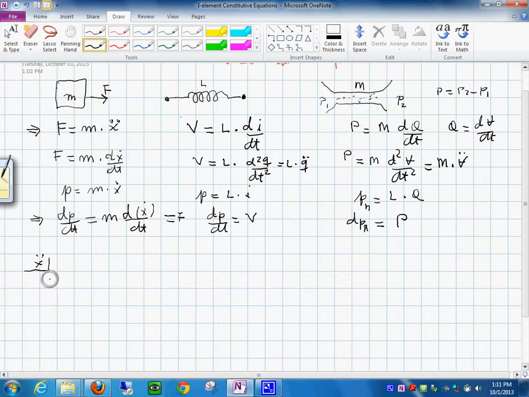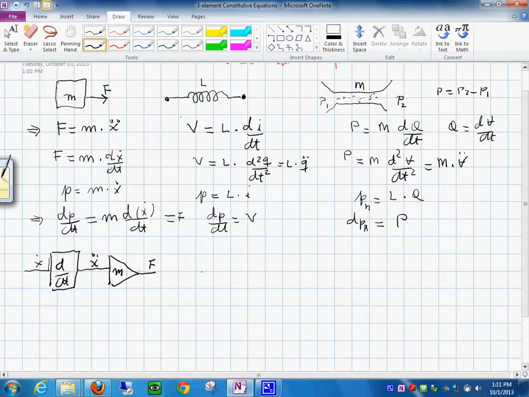And then it gets differentiated. So x dot gets differentiated one time, d dt. This becomes x double dot, and then you multiply this by m, and out of this comes the force. This is the block diagram of this.